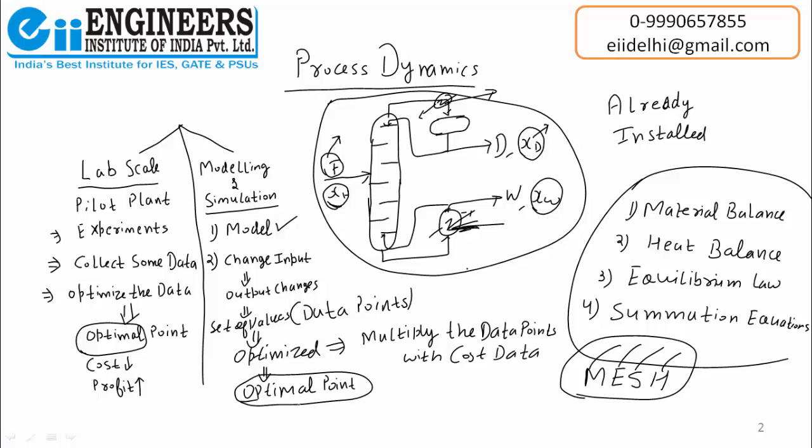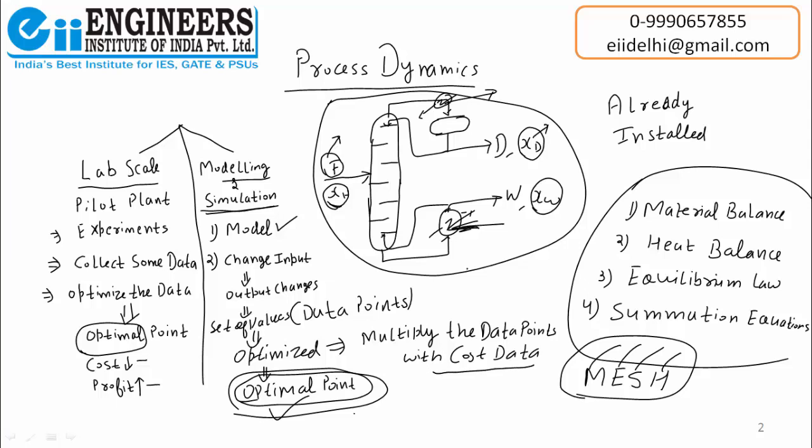So what do you think now? If process dynamics knowledge, modeling and simulation knowledge is not there, then how do we design any equipment? To design equipment, we need the optimal point, we need to minimize the cost, and we need to maximize the profit, and that is possible only when we know how to model, when we know how to simulate, and when we have knowledge of the economics part also.